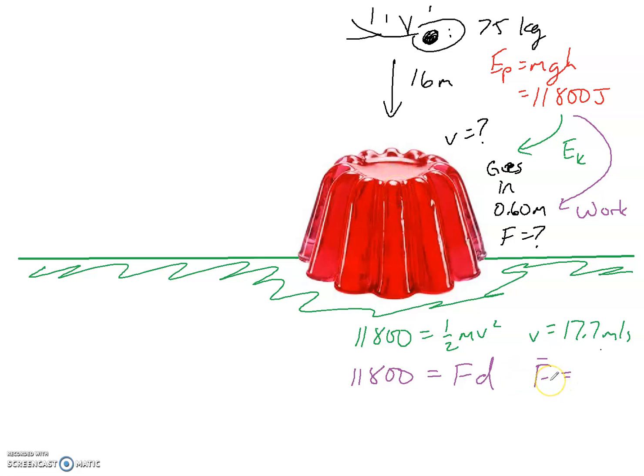So this would be the average force, which is fine. So I've got the 11,800 joules of energy. We're going to divide that by the 0.6, and then we get a force of approximately 19,700 newtons of force is actually being used to stop the person when they hit the jello. And that would be the average force.